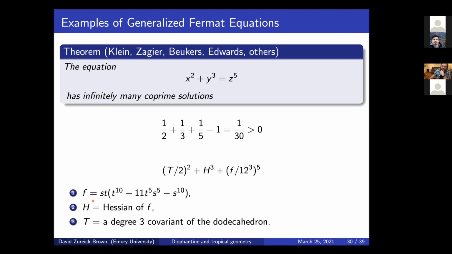So if you let f be this polynomial, I'll explain where this comes from. H is the Hessian. So the Hessian's this thing from multivariable calculus, the matrix of mixed partial derivatives. And then you take its determinant. And that's what's called a covariant. T is some other thing coming out from the representation theory of the dodecahedron. This is how Klein was involved.